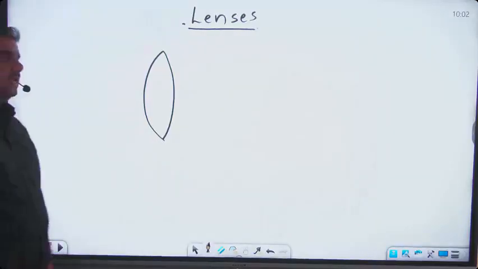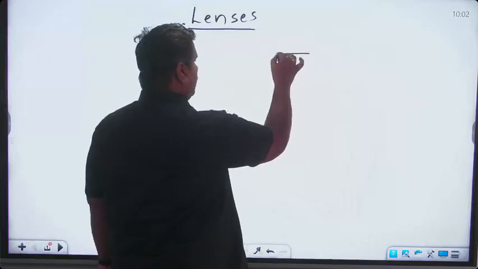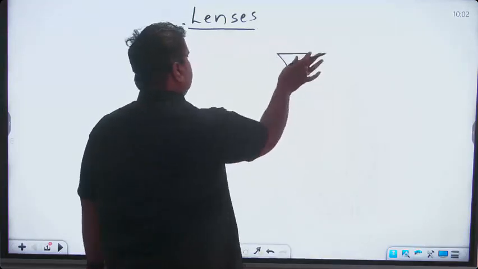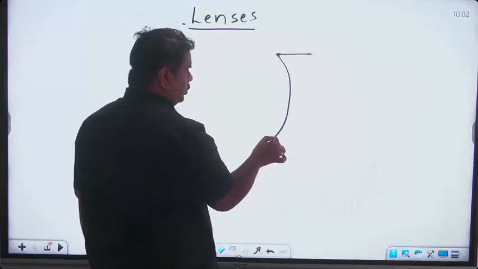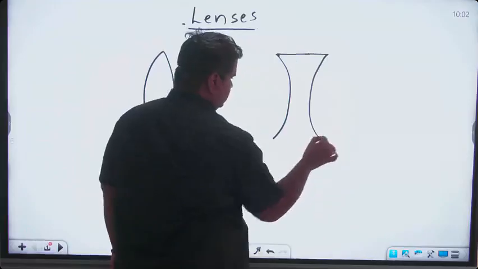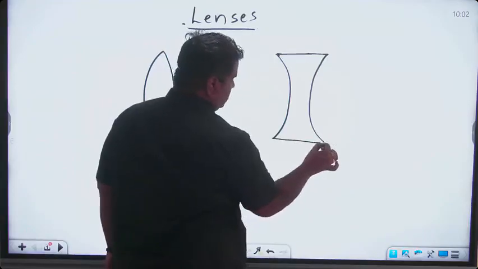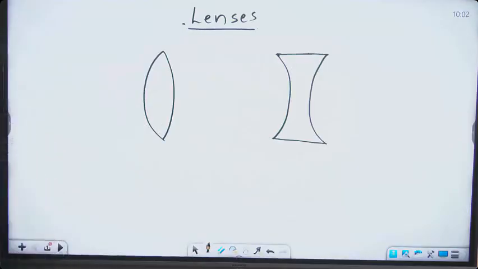At the same time, in a concave lens also, we have two curved surfaces like this. Now the question is, how is this lens prepared?